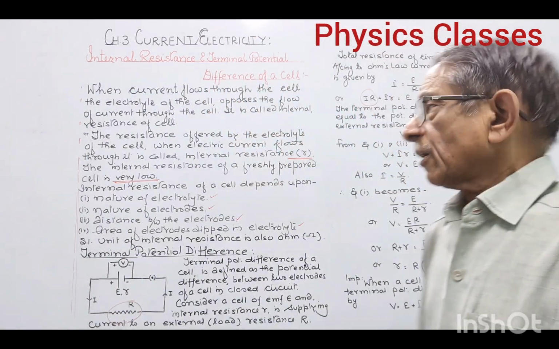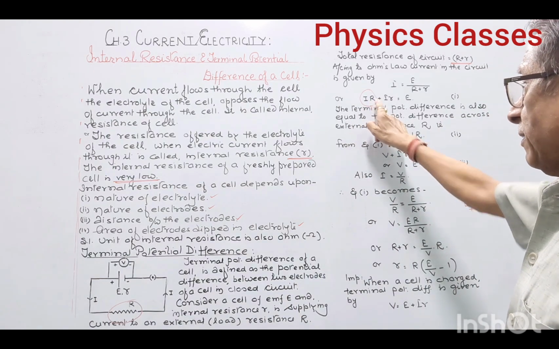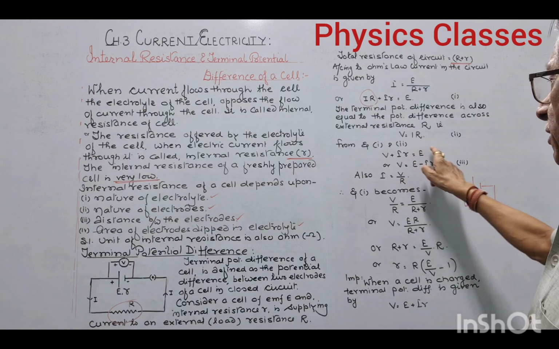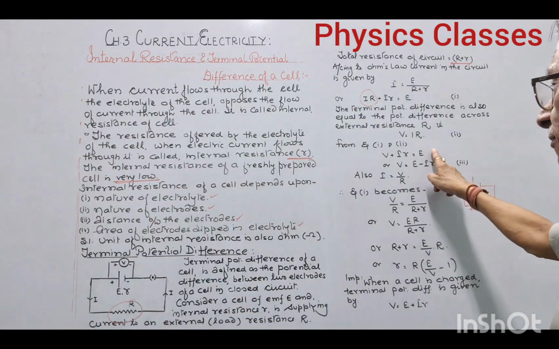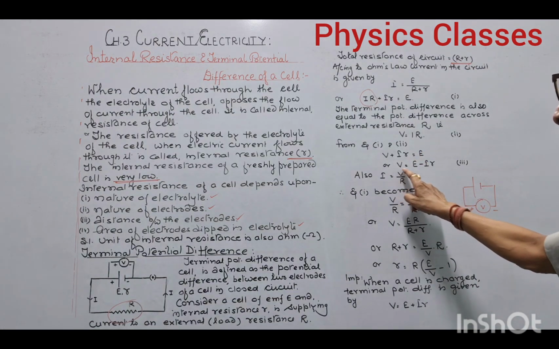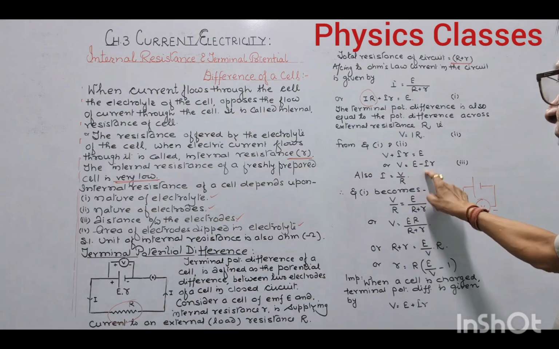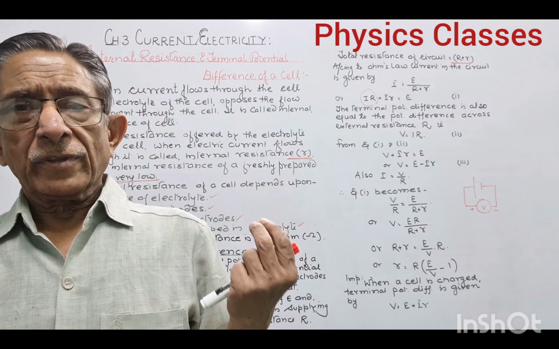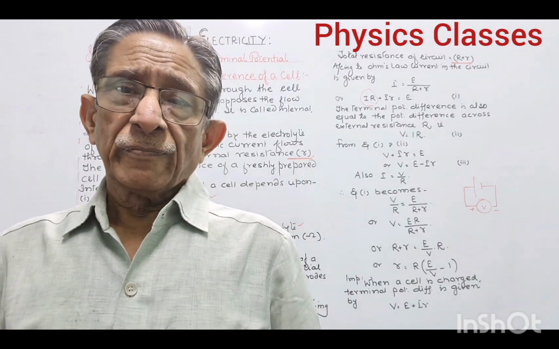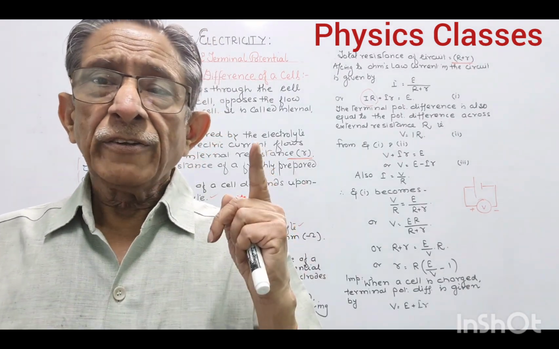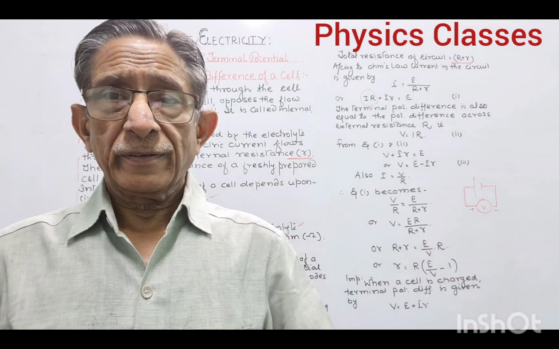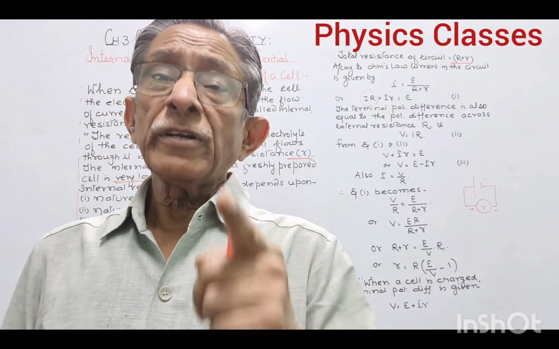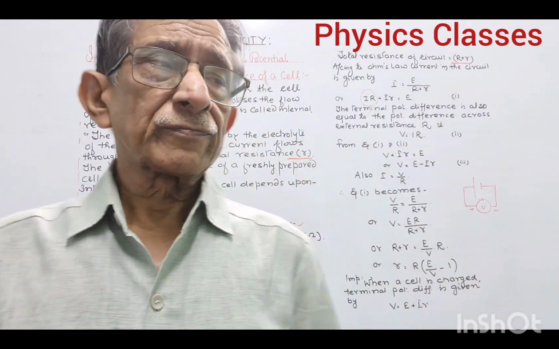Therefore, we can replace IR by V. So V plus Ir equal to E, that is EMF, or terminal potential difference is equal to E minus Ir. This is the expression for terminal potential difference of a cell when the cell is supplying current, or you can say terminal potential difference during discharge of the cell.